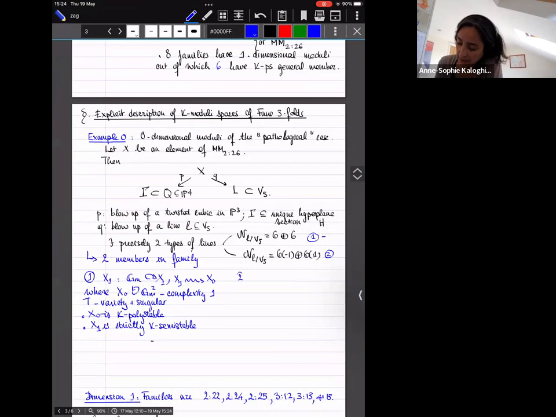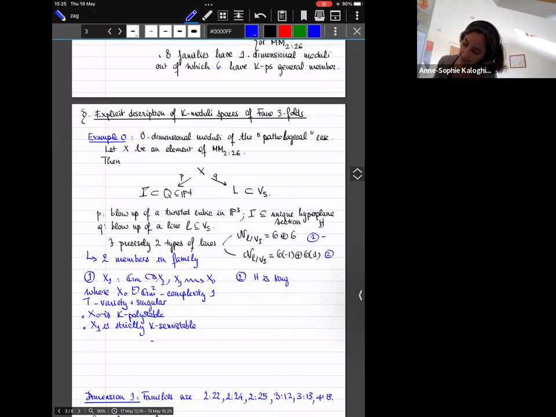Now let's look at the second member of this family, and the second member is a little bit more tricky. If I call H the unique hyperplane section of my quadric in P4 that contains my twisted cubic, in this case, when we've blown up a non-balanced line, it turns out that H is singular.